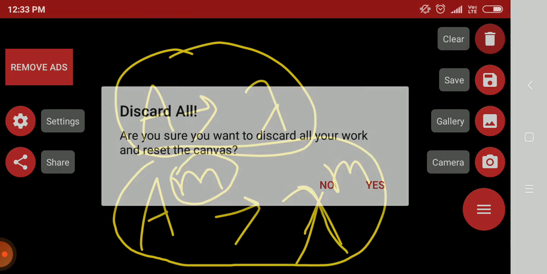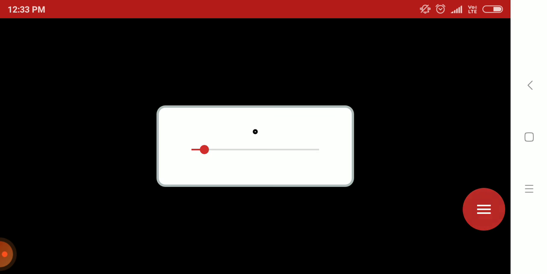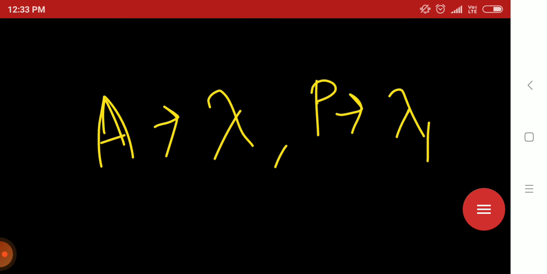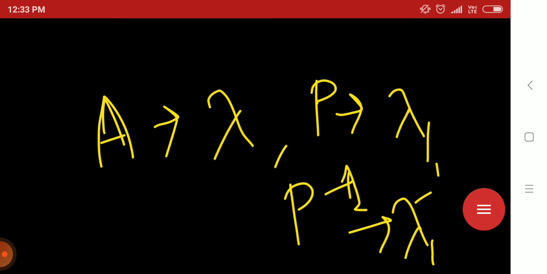So according to that property, if P is a matrix which has eigenvalue lambda 1, then P inverse has eigenvalue lambda 1 to the power minus 1.